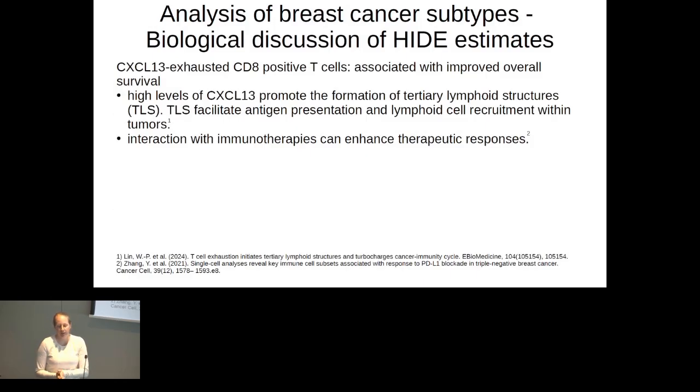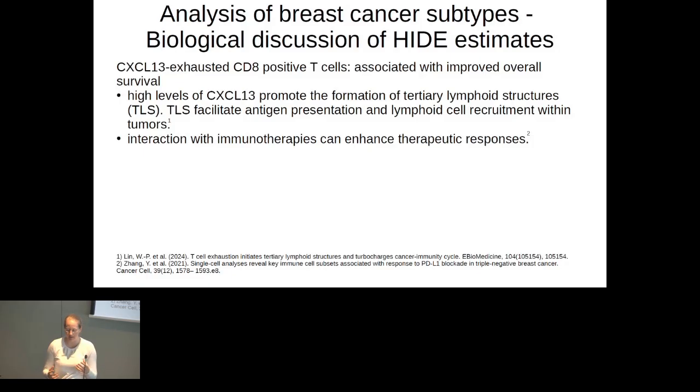For example, we found that the exhausted CD8 positive T cells were associated with improved overall survival. So we had to find something in the literature which is confirming our findings, and we found that high levels of these exhausted CD8 positive T cells promote the formation of tertiary lymphoid structures, and these tertiary lymphoid structures facilitate antigen presentation and lymphoid cell recruitment within the tumors.